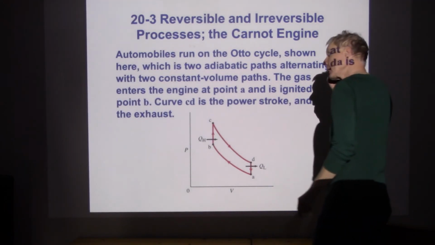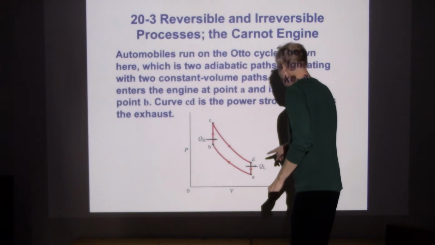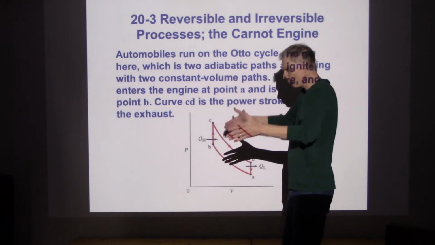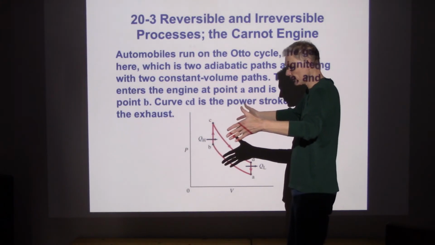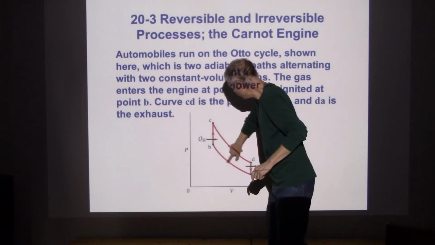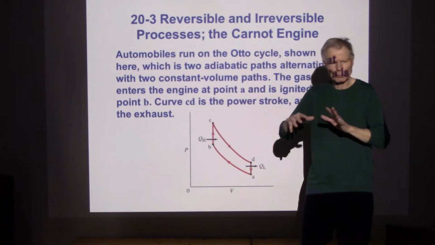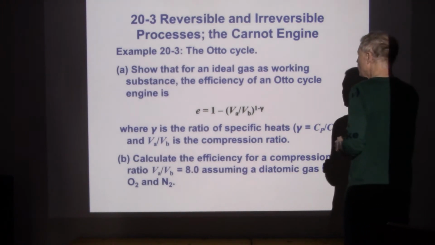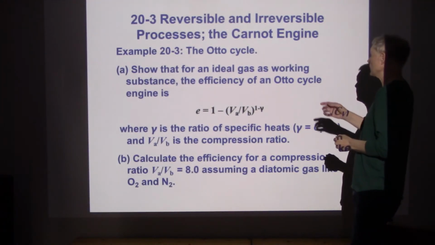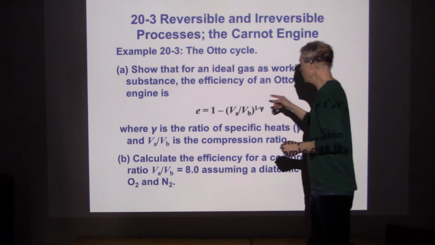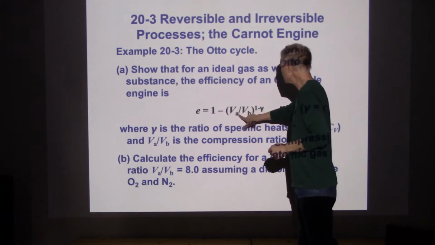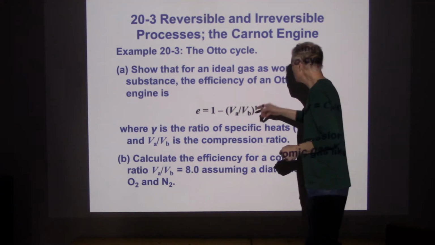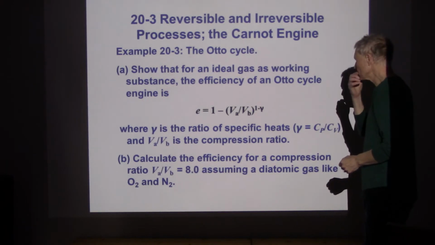VA was the full volume when the piston's fully out, and VB is that much reduced volume. What it says is that we can write the efficiency of an Otto cycle in terms of the compression ratio to this power.